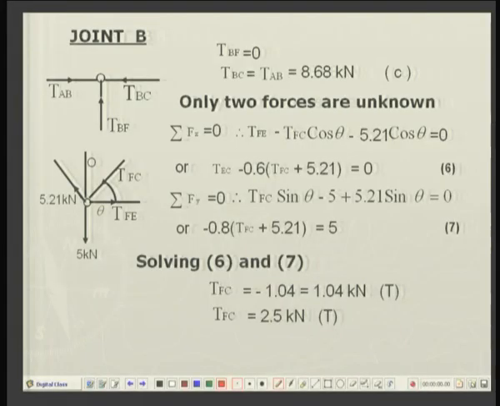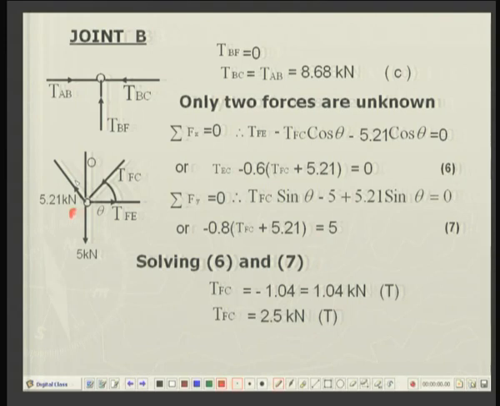and hence two equations of equilibrium will be sufficient. This is joint F. Okay. So, sum of horizontal forces, again by now you are very well versed with this, and sum of the vertical forces is equal to 0. You write down the equations, substitute for sin thetas and cosine thetas, you will find two equations, and solving for two unknowns you will find that TFC is minus 1.04.